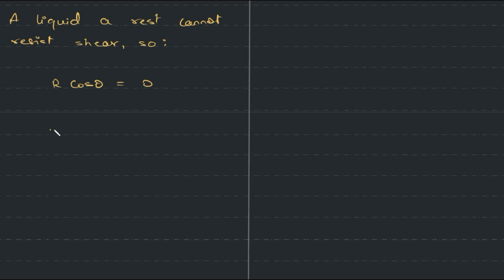And since R cannot be 0, this implies R cos theta has to be 0. So we have this to be cos of 90 degrees, and on comparing, theta is equal to 90 degrees.